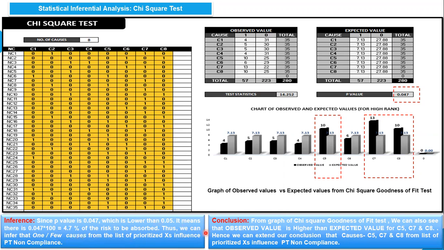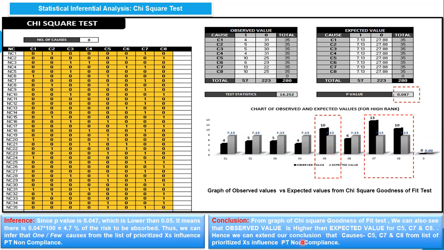Now, what is the conclusion? The conclusion is from the graph of the chi-square goodness of fit test, this graph I'm talking about. From the graph, we can also see that observed value is higher than expected value for C5, that is cause number 5, cause number 7, and cause number 8. So the observed value, that is the black bar, is higher than the gray bar.